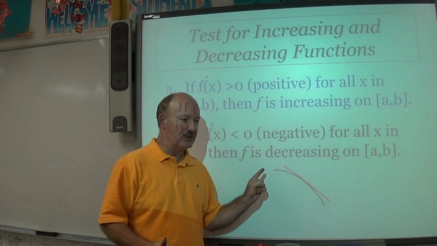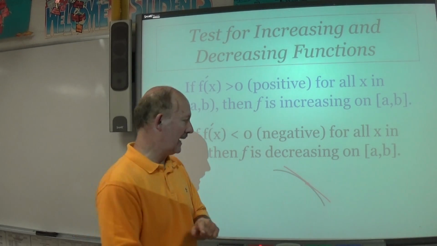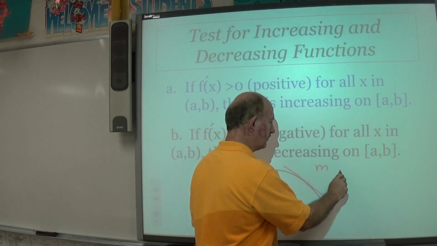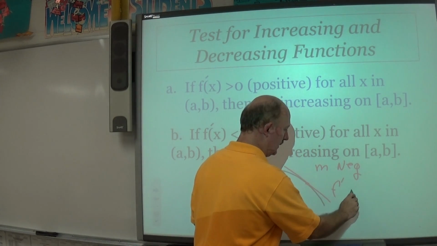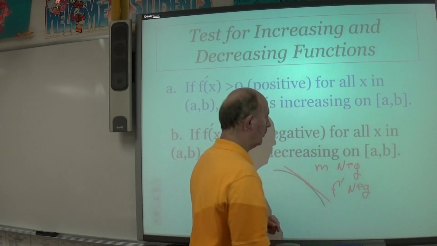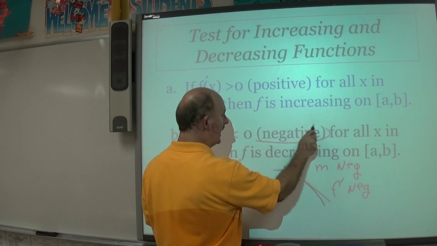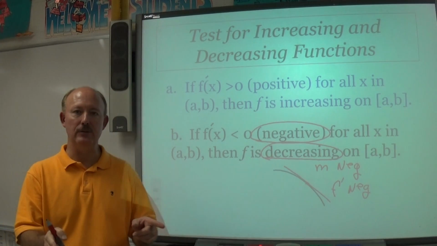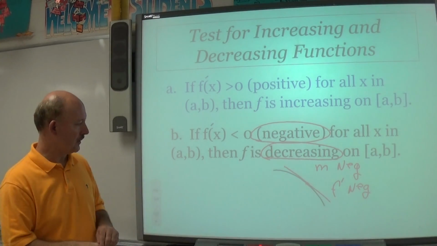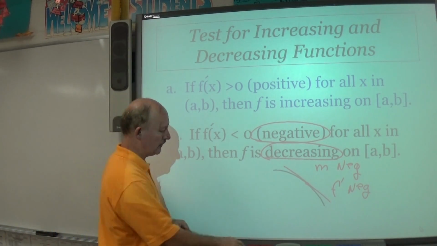Okay, the slope of that tangent line is negative, right? So the slope is negative. Okay, that means that the derivative is negative also. So remember now, if the derivative is negative, that indicates that the graph itself has to be decreasing from left to right.